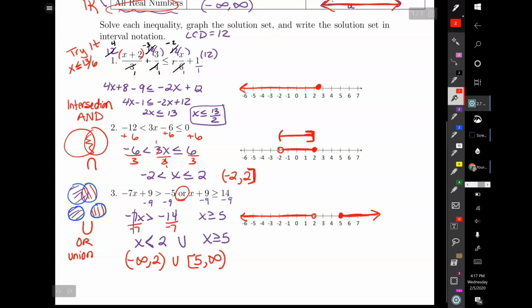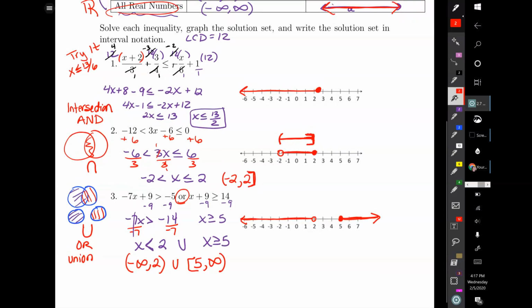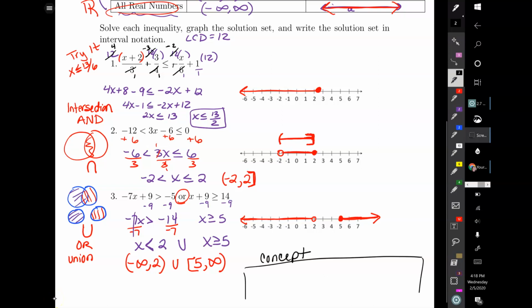So one of the things I wanted to point out is why we have to change the symbol when we divide or multiply by a negative. If I had something like 2 is less than 5, do you agree with that? I hope so. So if I divided both sides by -1, for instance, just to keep it simple, I would end up with -2 on the left-hand side and -5 on the right-hand side.